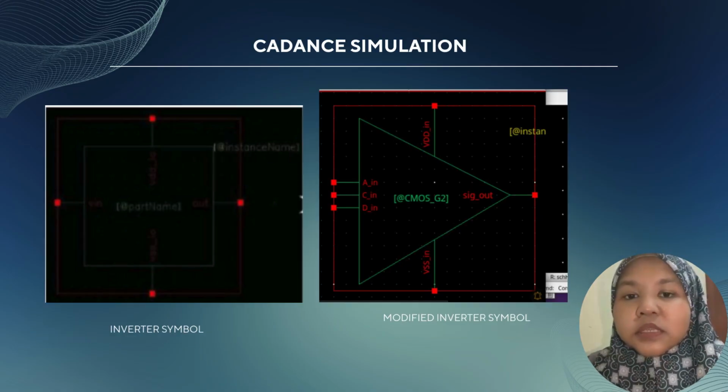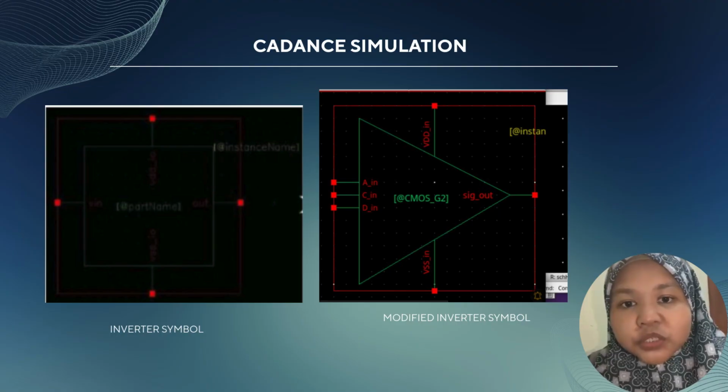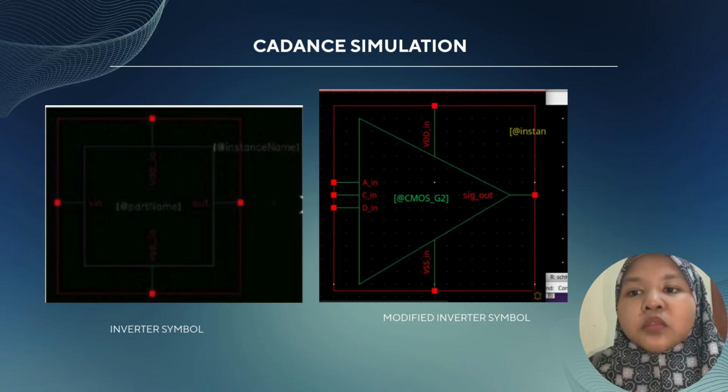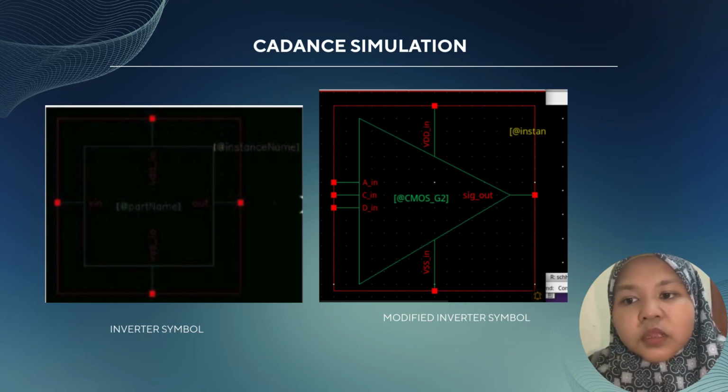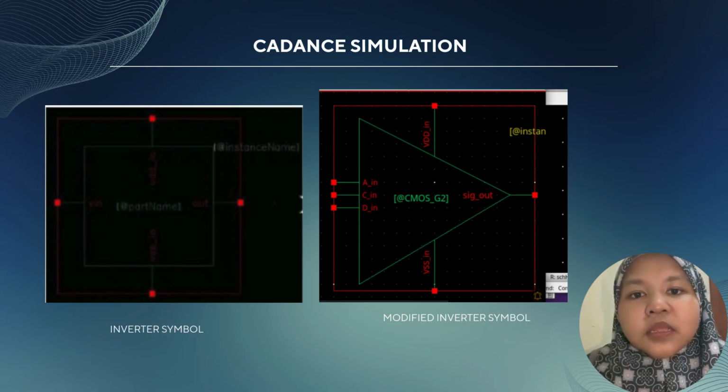We draw the transistor level in the Cadence simulation. This time we need to convert the transistor level to an inverter symbol, which we need to modify as the inverter level that we have drawn previously.